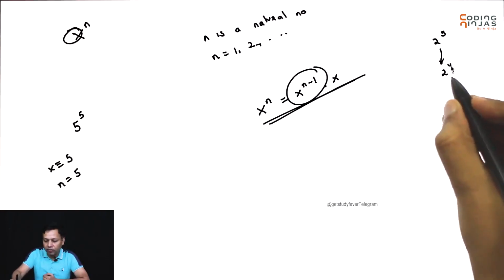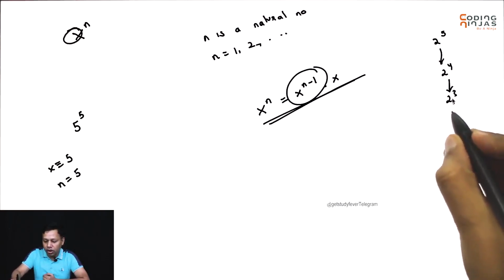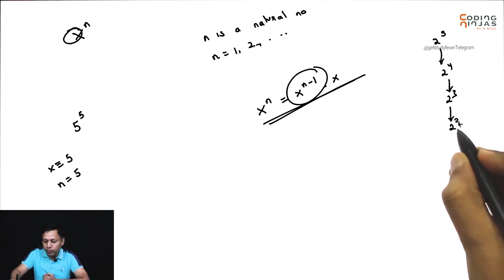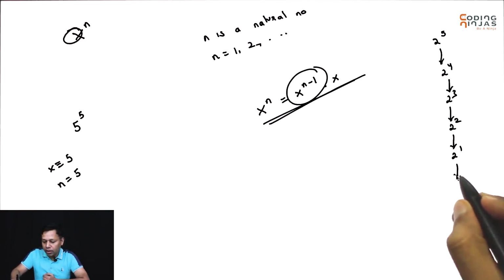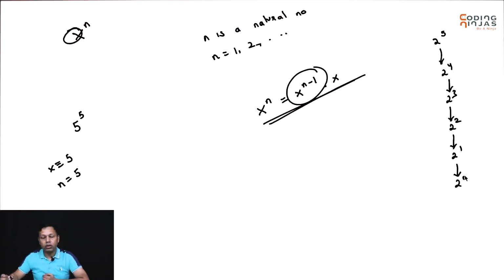This is going to call 2 raised to the power 4, then 2 raised to the power 3, then 2 raised to the power 2, then 2 raised to the power 1, and 2 raised to the power 0. You can stop the recursion at either point. It is for you to decide where you want to stop recursion.